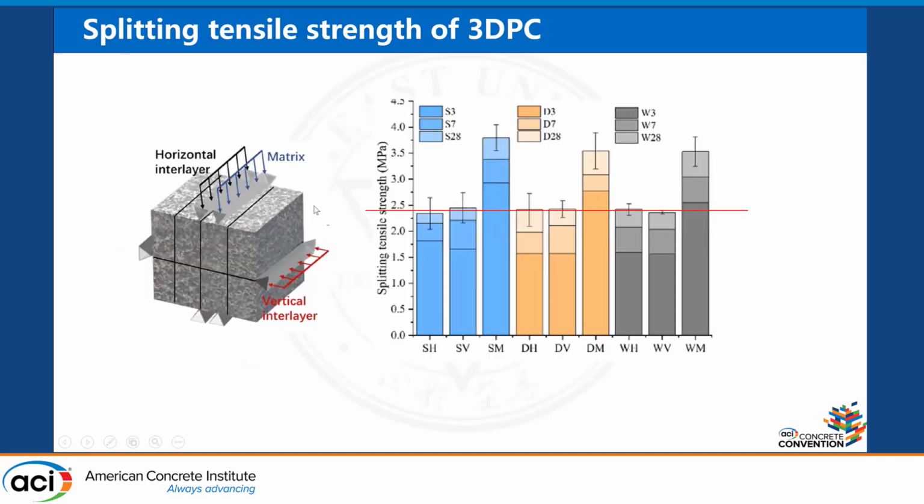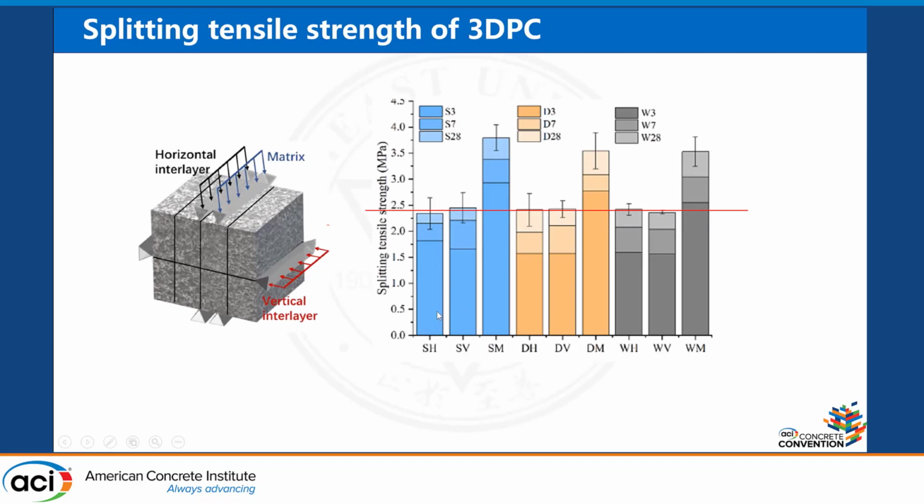Here are the results about the splitting tensile strength. We did the splitting from different directions, mainly two interfaces, and one at the matrix. We can see here the results.